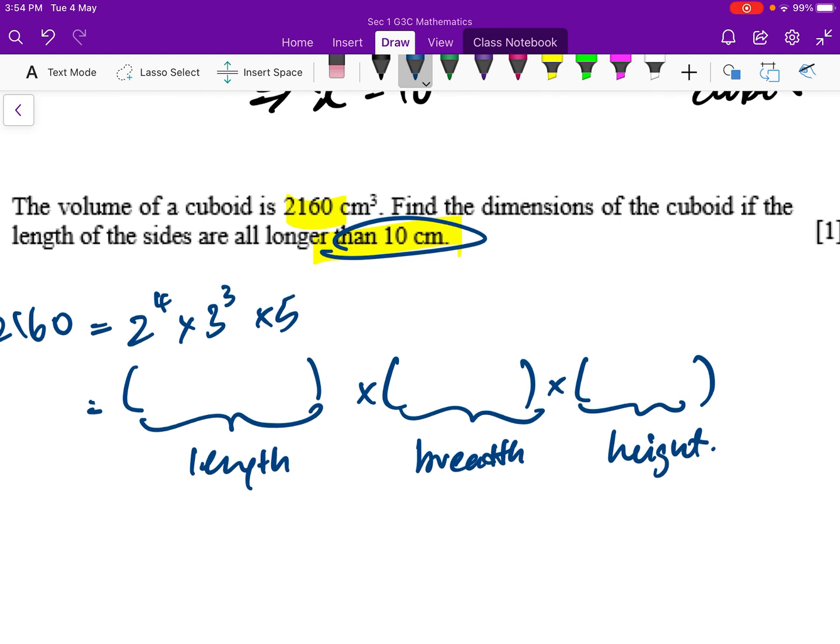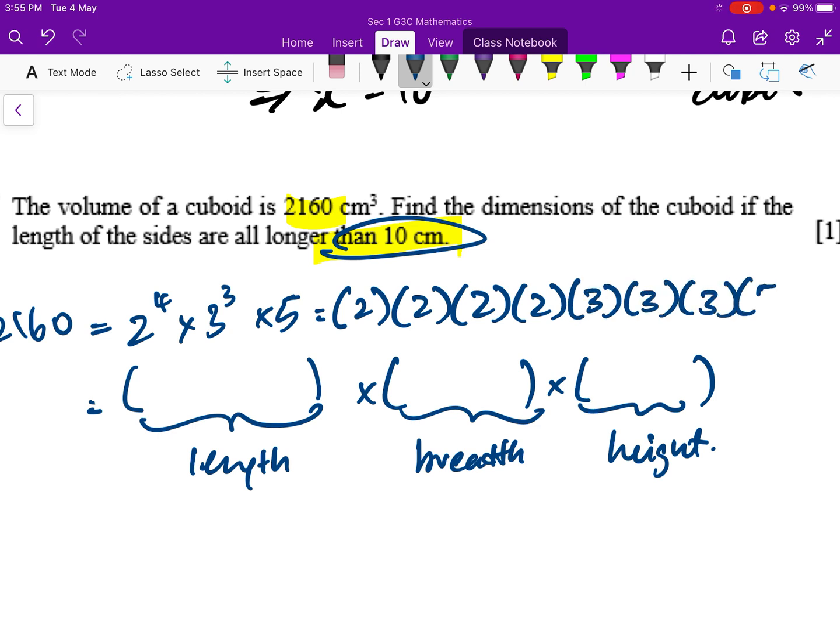If you break down our prime factors, we have a combination of 2, 2, 2, 2, we've got 3 of 3s, and we've got a 5. So knowing that these are the options that we have, we are free to rearrange them such that every single length is greater than 10.